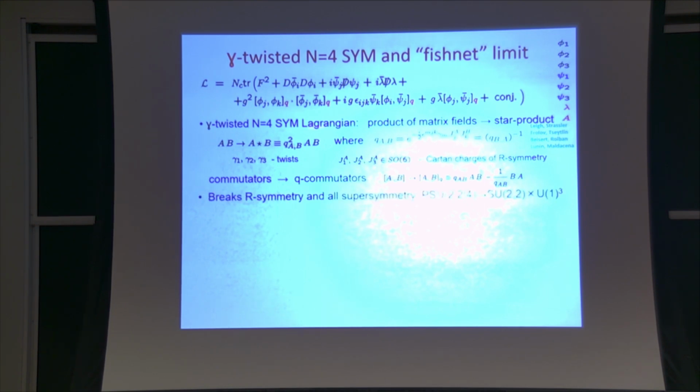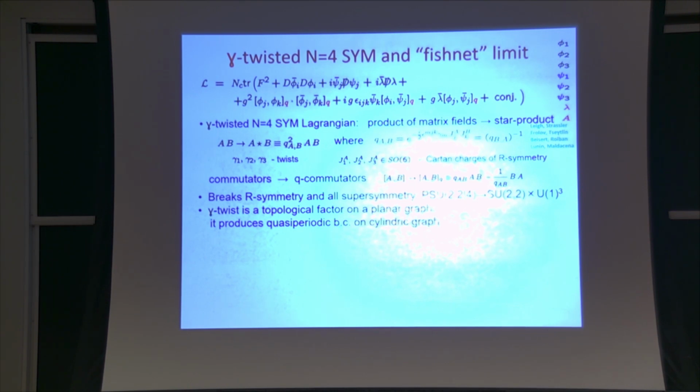Okay, then this R symmetry is completely broken, of course, and the conformal group stays intact in principle, and you have U(1)^3 symmetry left from R symmetry. And now I wanted to demonstrate that, in fact, this deformation is a topological deformation on each planar graph.